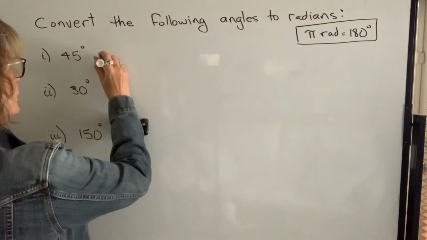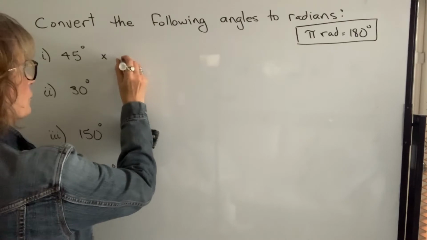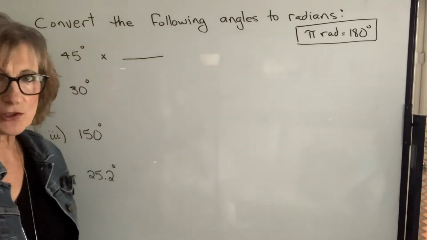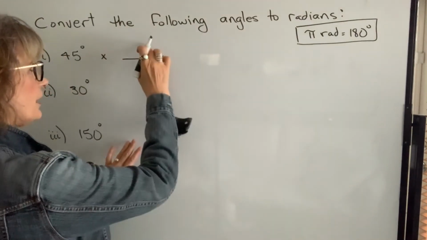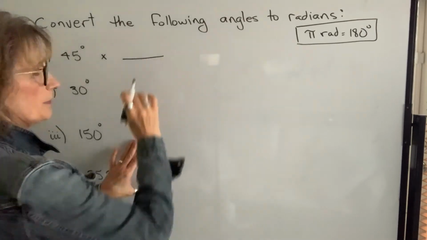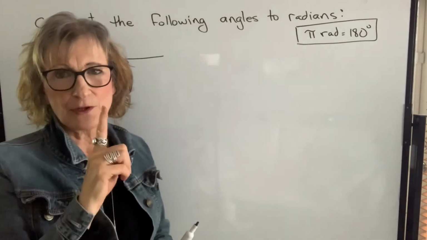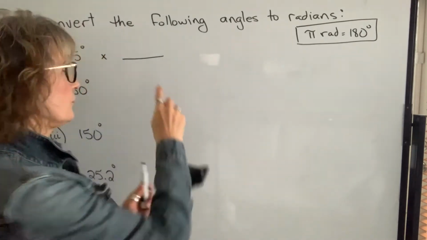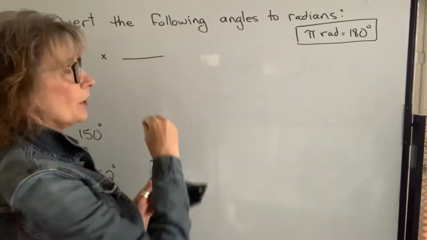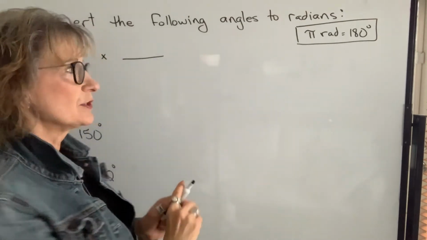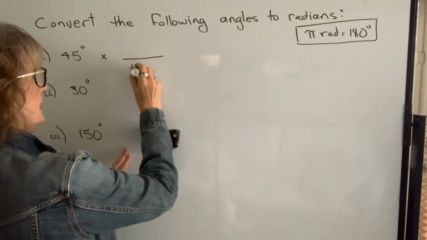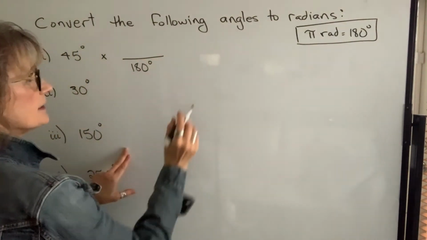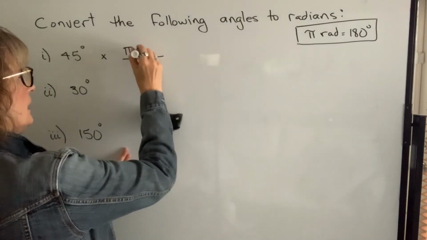So if I am changing from degrees to radians, the idea with dimensional analysis is you multiply by a fraction where the numerator and the denominator are equal so that you have a value of 1 and you can multiply by 1. And when you're converting from degrees, you want to cancel the degrees, so you'll put degrees in the denominator. So 180 degrees is equivalent to pi radians.